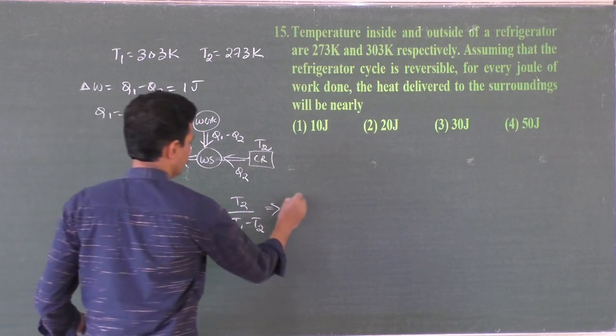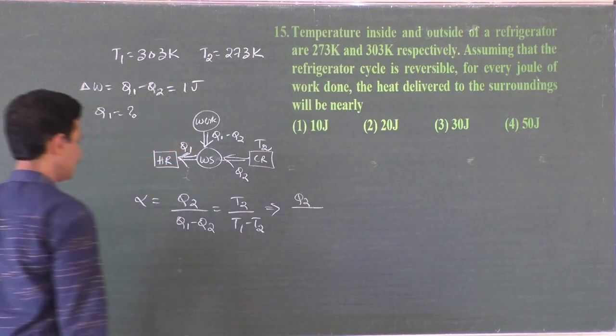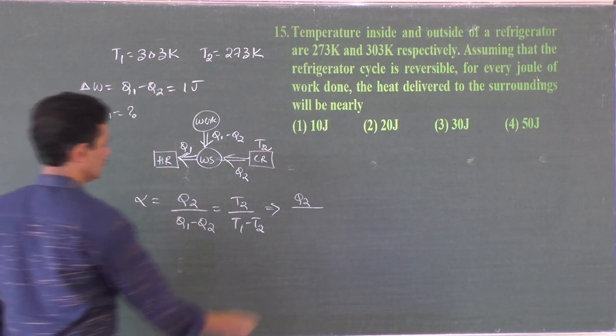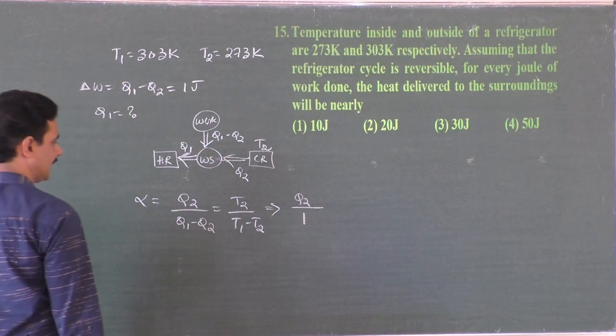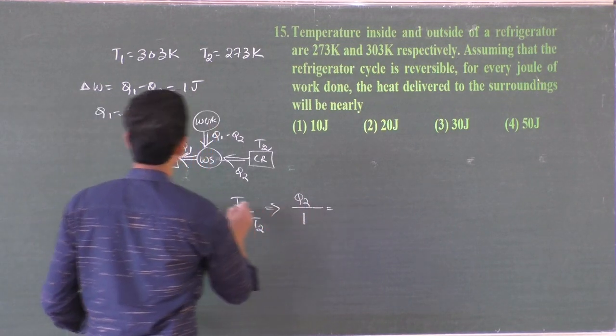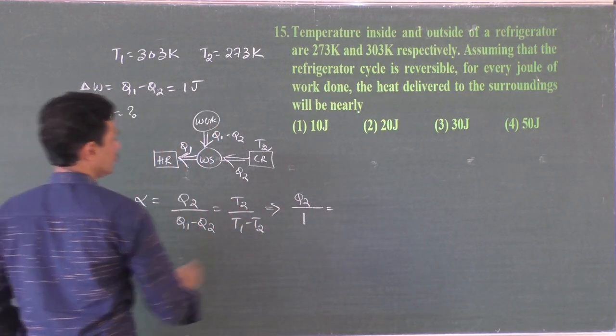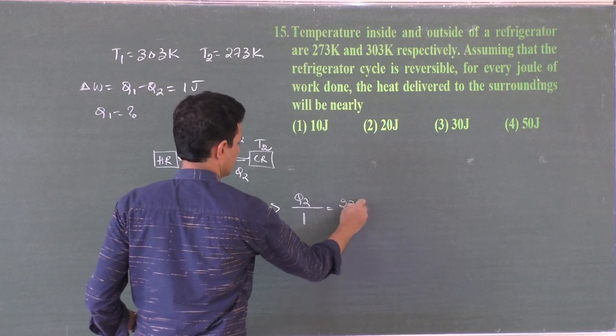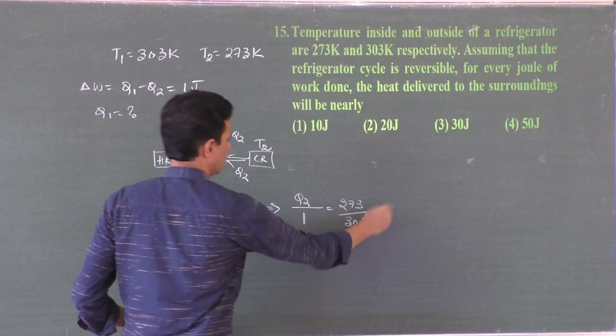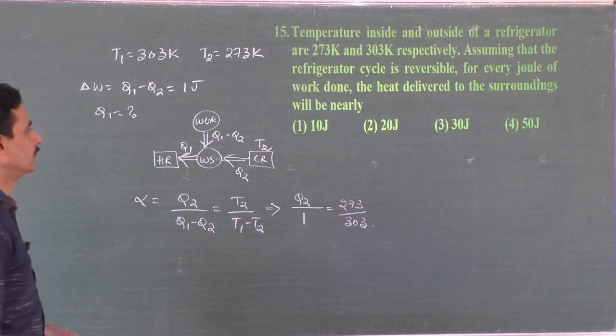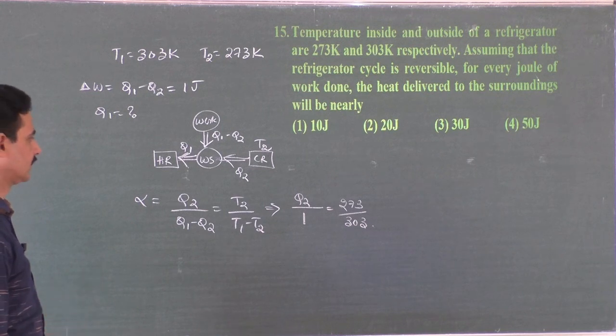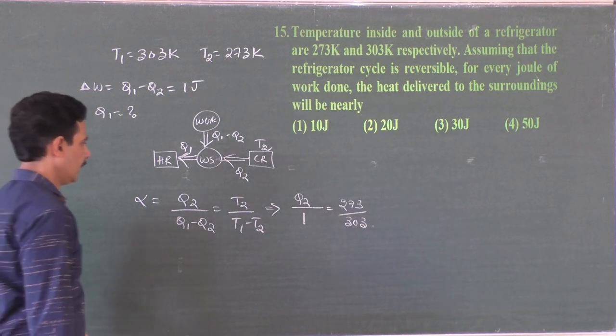We don't know. Q1 minus Q2 is 1 joule, because 1 joule of work is done on the gas. T2 by T1 minus T2 is 273 divided by 303. Assuming that, Q1 is the heat delivered to the surroundings, which you have to find out.